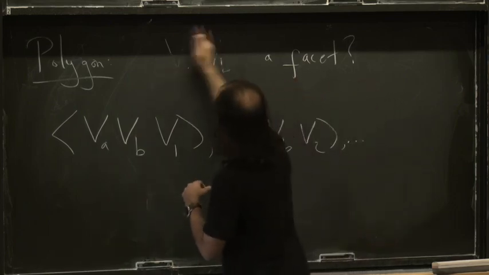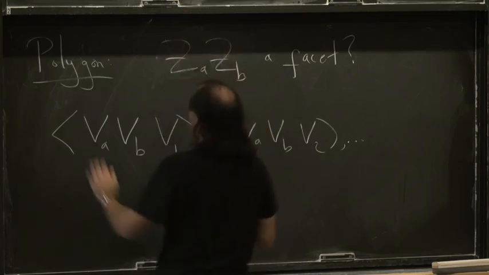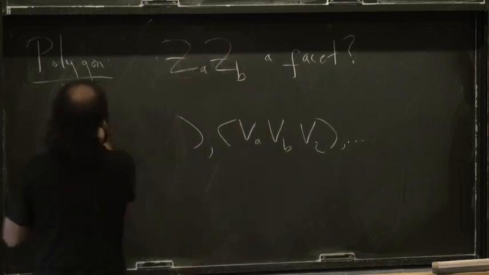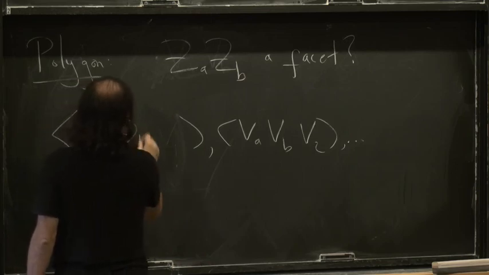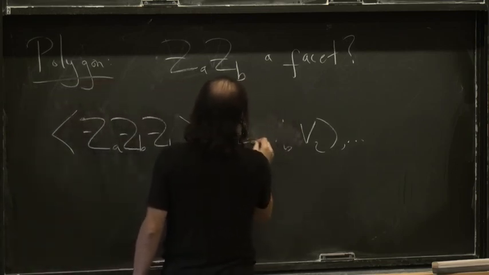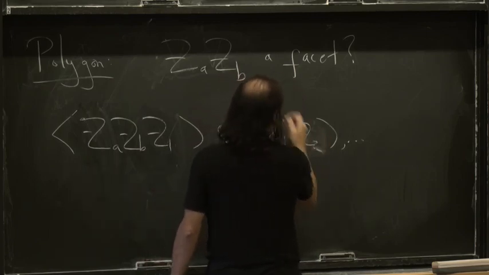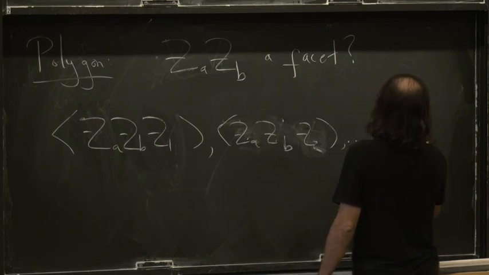Or sorry, I'm using Z: ZA, ZB, Z1, ZA, ZB, Z2, and they all have to have the same sign. Okay, they all have to have the same sign.